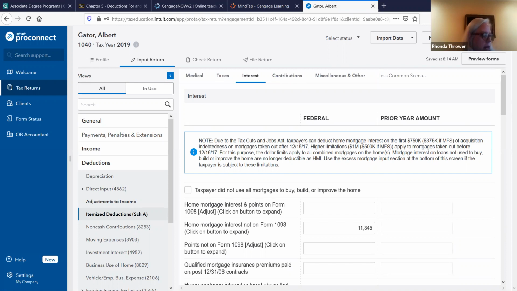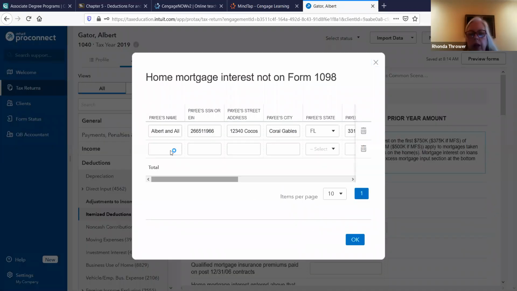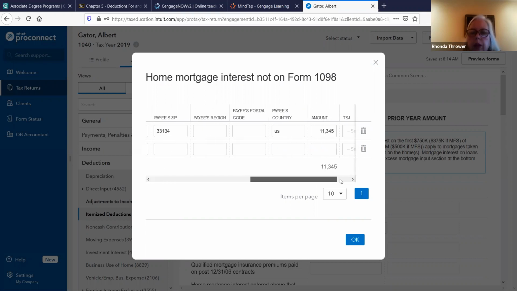And on page 5-62 of your text, the instructions, they give you a mortgage interest statement. And that mortgage interest statement said that you had 11,345 in there. And we'll click on that. And notice I put in the payee's name and the information about the payee, his address, zip, and the amount here.